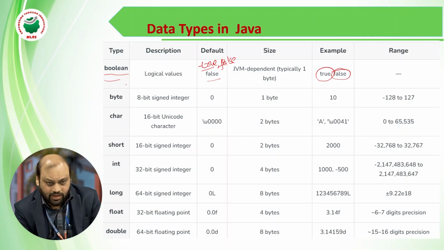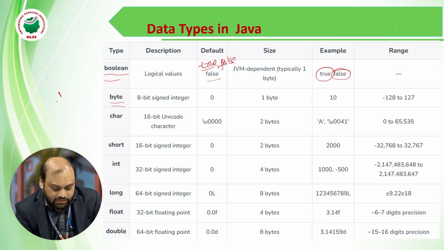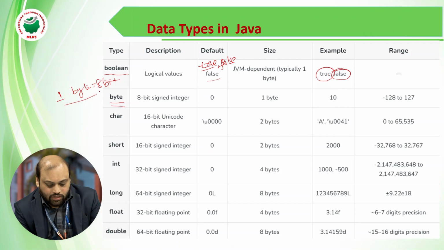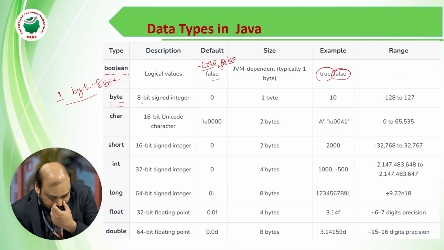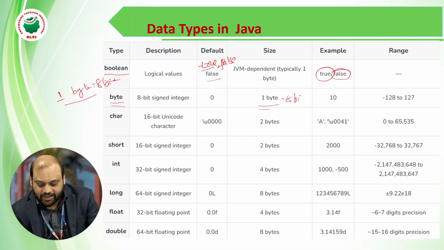Next, byte. I will show you with one example. Byte means 1 byte, and 1 byte is equal to 8 bits.